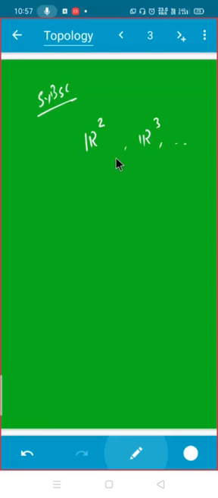So when you want to find the distance between 2 points, what did you do? Suppose there are 2 points, say x1, y1 and x2, y2. Say this is P and say this is Q. So what is the distance PQ?